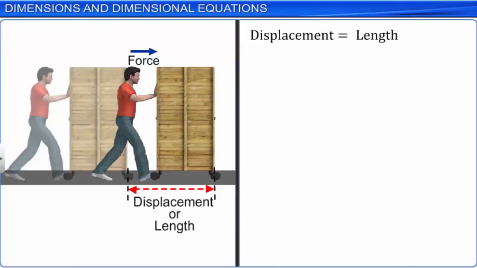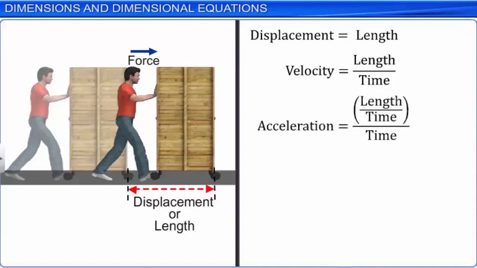Thus, velocity can be expressed as the ratio of length to time. Using the same logic, we can write acceleration as length by time divided by time. Thus, the expression for the quantity force can be simplified as shown.